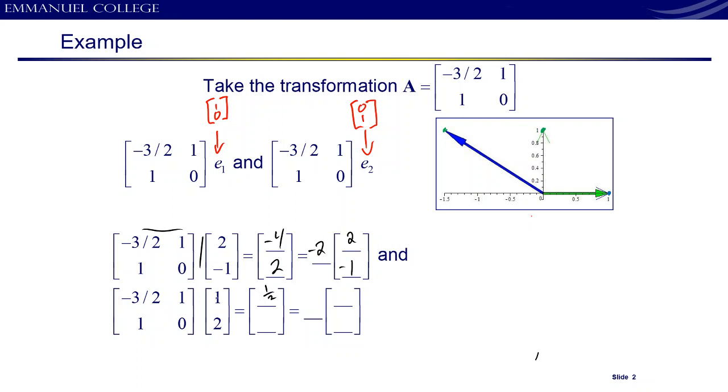Then 1 times 1 is 1 plus 0 times 2, so we just get back 1. If I factor out a half, that makes this 1. But what do I need to multiply by a half to get 1? I need to multiply by 2. So in this case, I also get back the same thing.